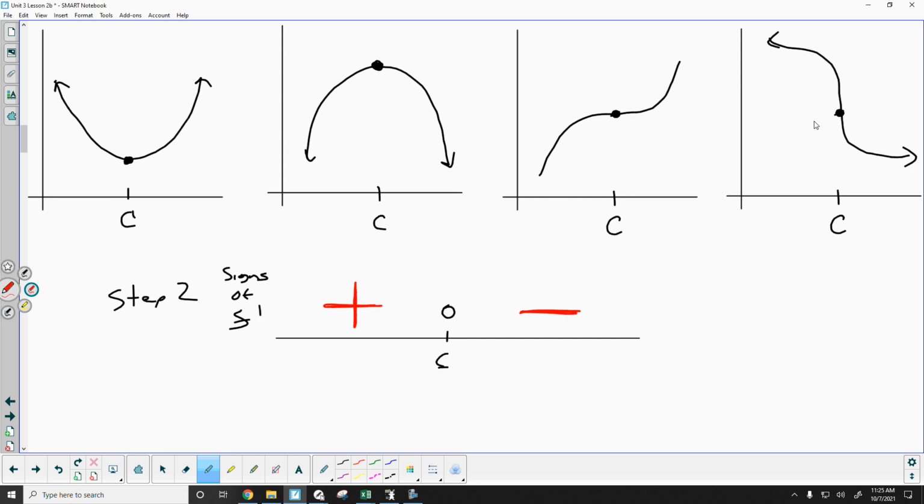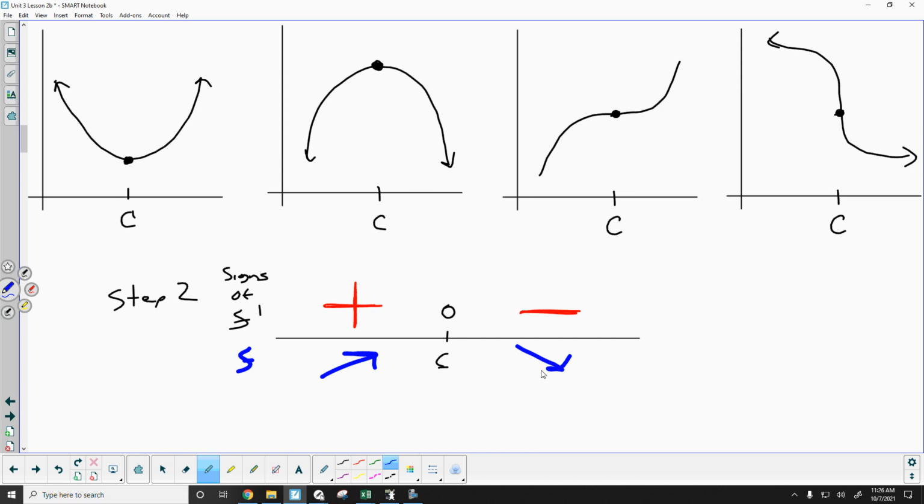Yeah, so if, and this is what we're going to do as well, if f prime is positive, I'm going to throw another thing underneath here. Ready? Throw f underneath. If f prime is positive, f is going up from left to right. If f prime is negative, don't fall asleep on me now. f is going down from left to right.